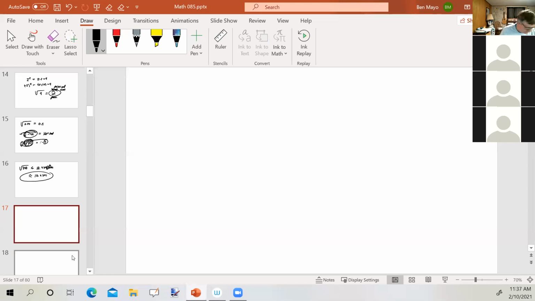Okay, now, the square root of 4x squared. What's the square root of 4? Two. Good. What's the square root of x squared? Would it just be x? Yes, it would.